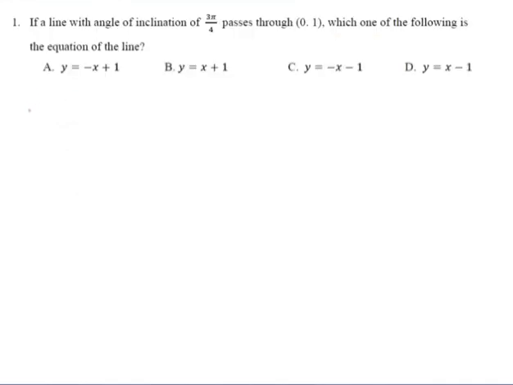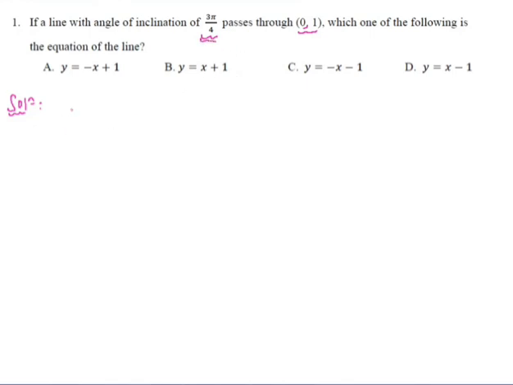The first question is: if a line with angle of inclination 3 pi over 4 passes through the point (0, 1), which one of the following is the equation of the line? Here we are asked for the equation of the line passing through the given point with this inclination.